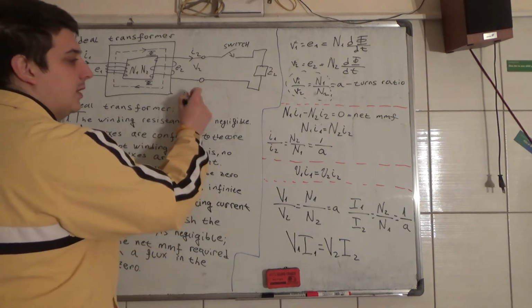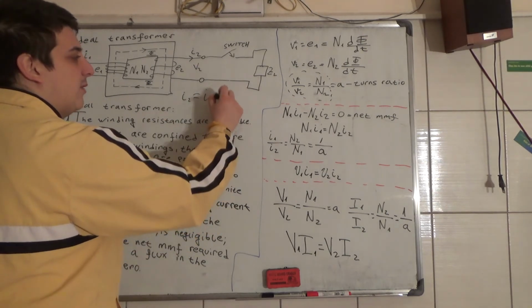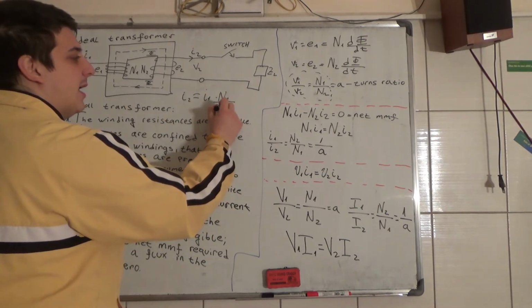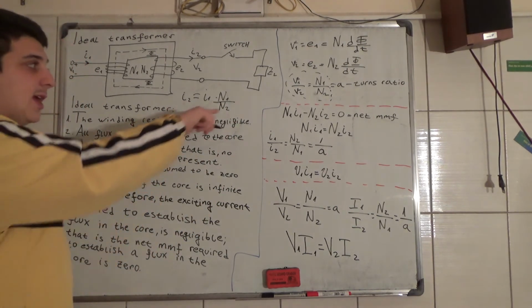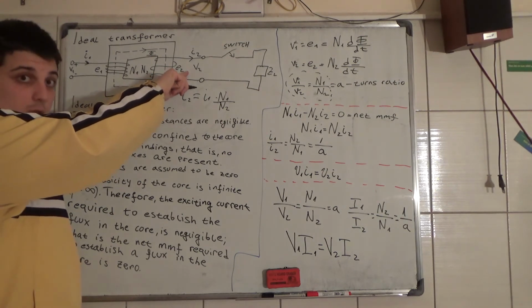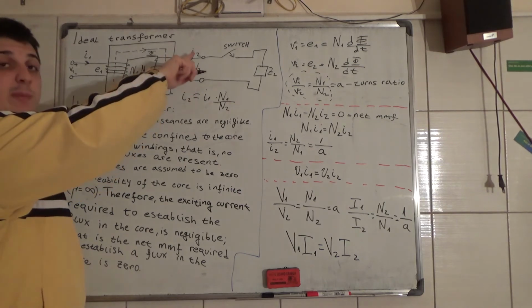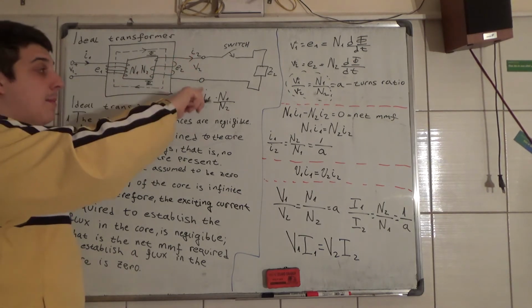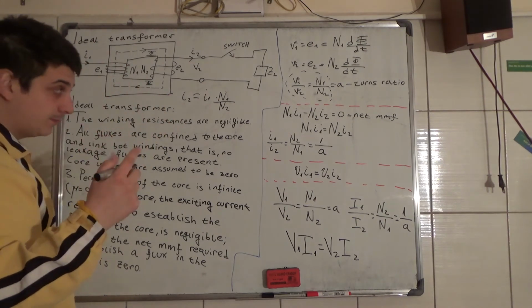I2 is equal to I1 times N1 divided by N2. Now, if we have more windings on the secondary than on the primary, then the voltage will be increased, yes, but the current will be decreased.